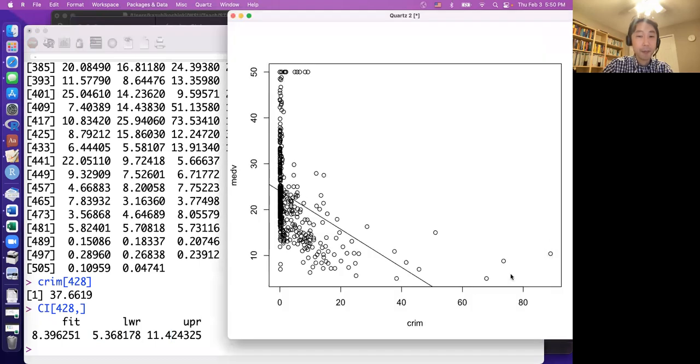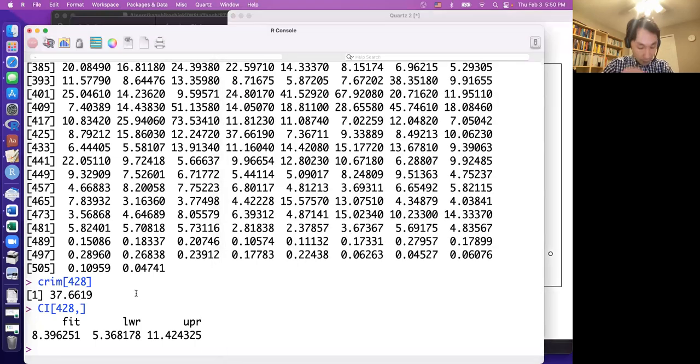So that means this line changes a bit. Then at x equal to 37.6, around here, this line should go through between 5.38 and 11.4. So that is what the confidence interval means.